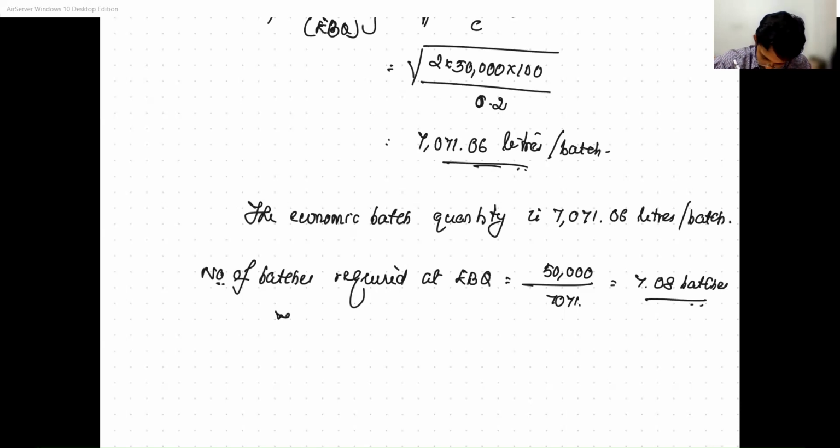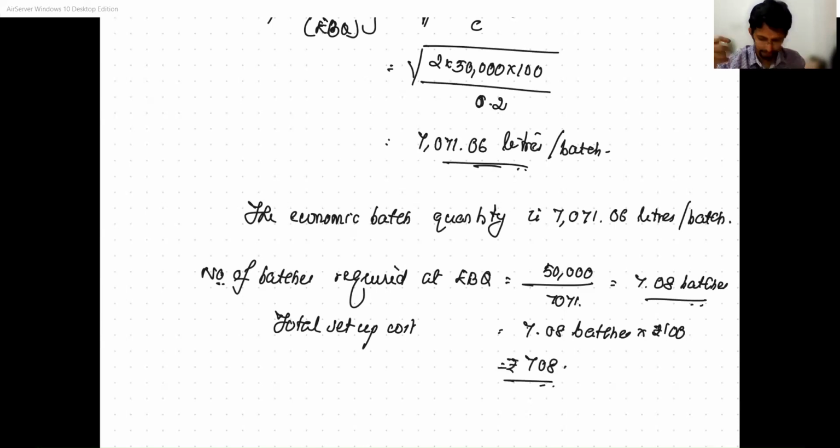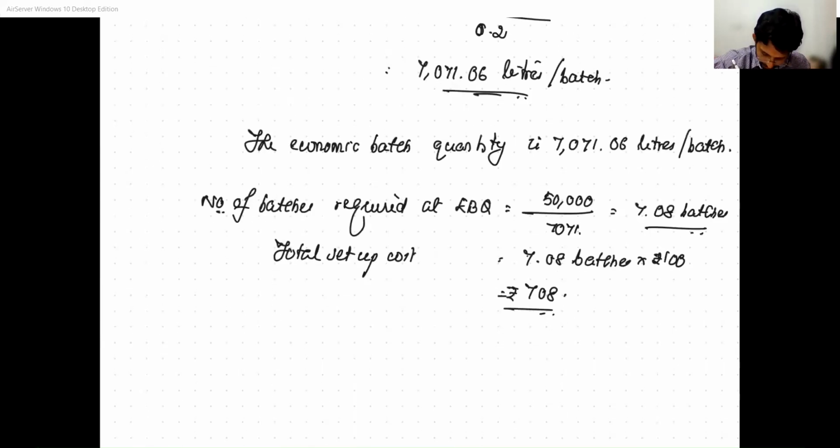Okay. So total setup cost will be 7.08 batches into rupees 100. That is 708. Now, inventory carrying cost. Average inventory is equal to EBQ divided by 2.